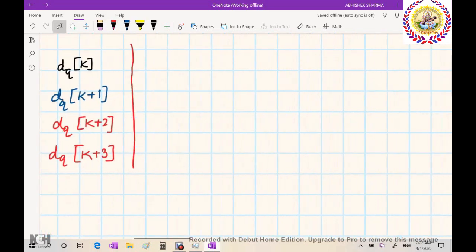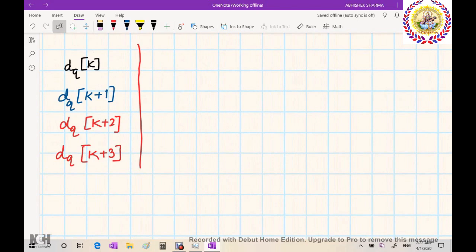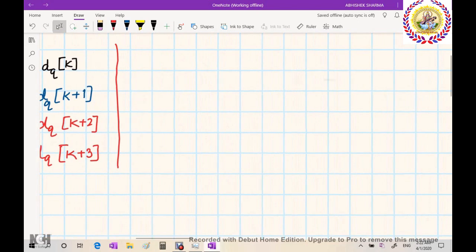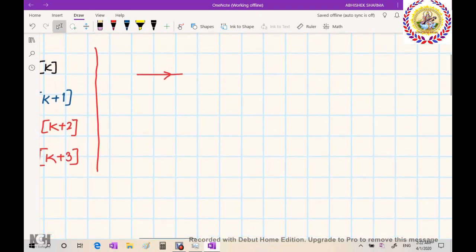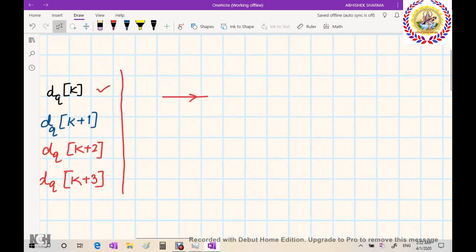Now we will study how the DPCM receiver is working. Consider this figure. First, what are we receiving? The first difference, which is nothing but dq(k). So this is dq(k), which is available at the input of the receiver.